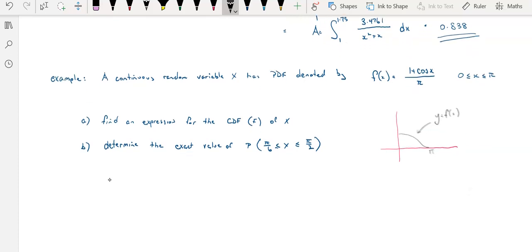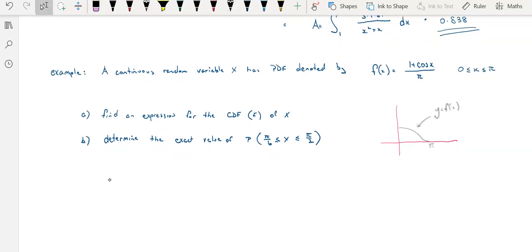What we're essentially going to do is find a function of x, the cumulative function, which is going to give us the probability up to a value of x, somewhere between 0 and pi. It's going to take some arbitrary value here of x. So essentially we're finding this function F(x), which is the probability that X is less than or equal to x.